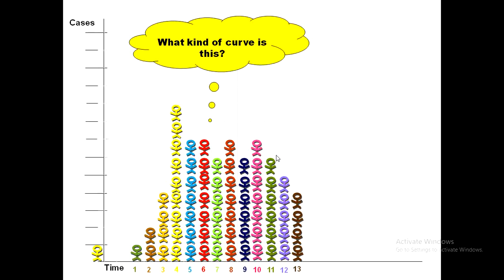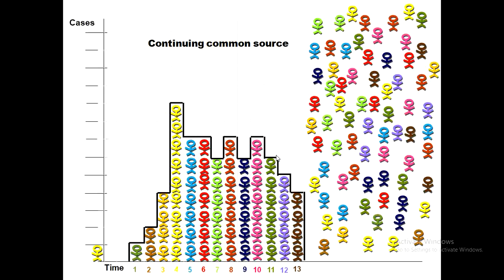So it means there is a continuous exposure to something which is not helping the cases to decline in number. It means there is some source of exposure which is continuously increasing the number of cases and maintaining a large number of cases in that area. So this is known as continuous common source. There is a common source and there is a continuous exposure.